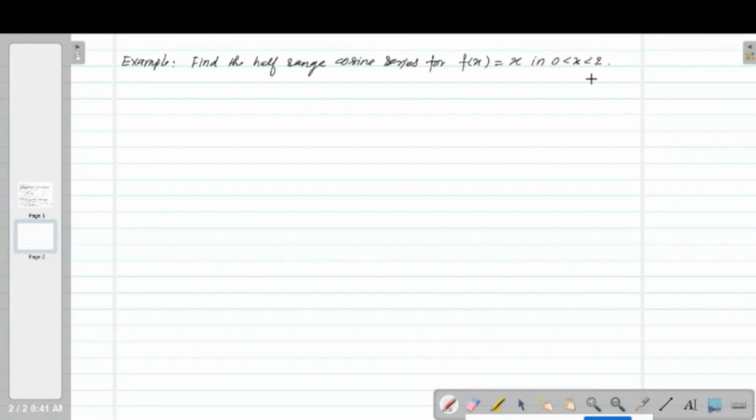So this function is given and we have to find the half range cosine series.